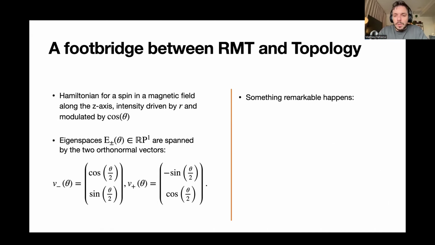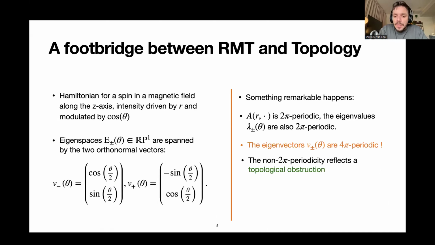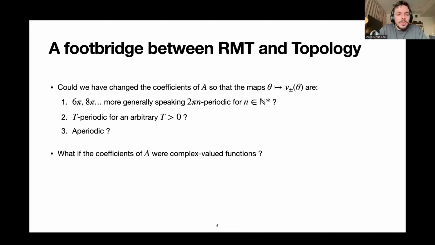Let me go one step further. That non-2 pi periodicity is the first step towards something a bit deeper and non-trivial about these eigenvectors for random matrices. Later on, I'll also say a word about eigenvalues, because they can exhibit the same kind of obstruction. My way to understand this kind of obstruction, maybe not the most standard one, is to ask naive questions, stupid questions one might say.